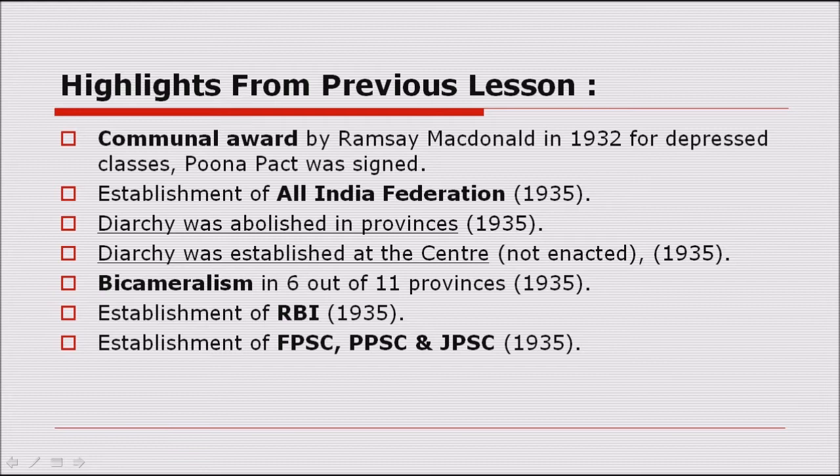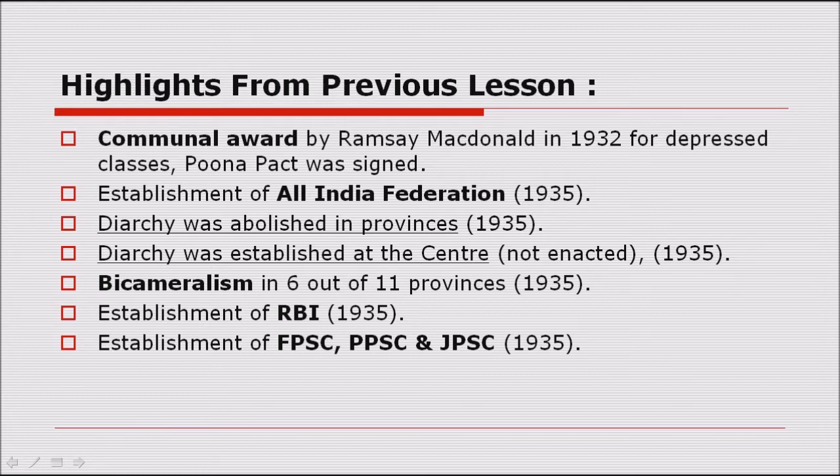And the Government of India Act of 1935 provided for the establishment of the All India Federation. But this particular provision never came into being because the princely states refused to join the All India Federation. It abolished the diarchy in the provinces and provided for the establishment of diarchy at the center, but this particular provision was also not enacted.